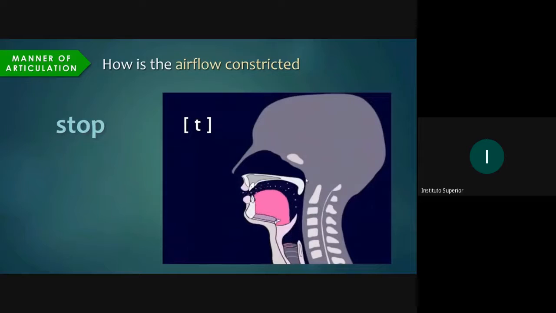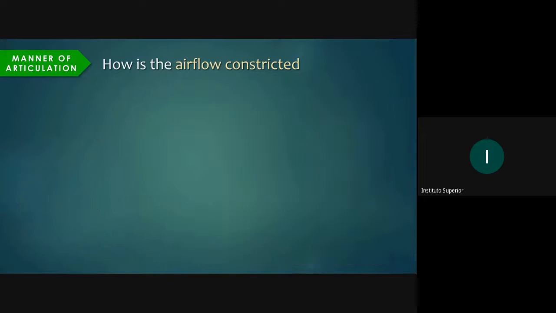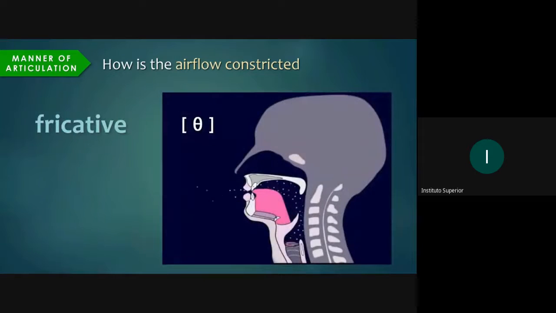Stop sounds result from a complete constriction of airflow, followed by a release of that air, such as p, t, k, b, d, g. Fricatives are sounds produced when the tongue approaches but does not make contact with a place of articulation, causing a bottleneck of the airflow.